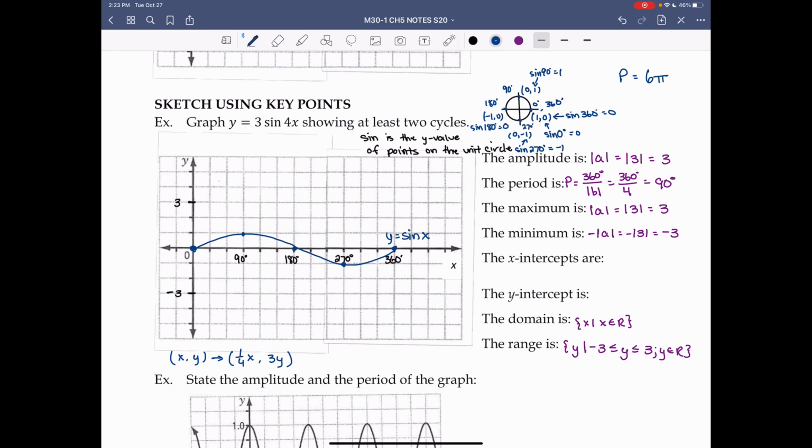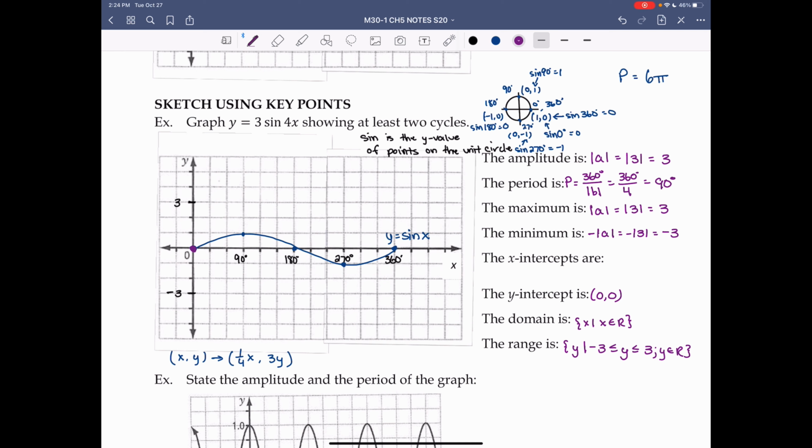So we'd multiply the x value by 1 over 4 and multiply the y value by 3. Then the y-intercept, which was (0, 0) for sine x, if we multiply that by anything, we're still going to get (0, 0). So our y-intercept for our new function is still (0, 0). And we can plot that point for our new function.